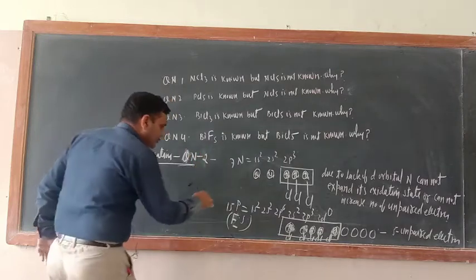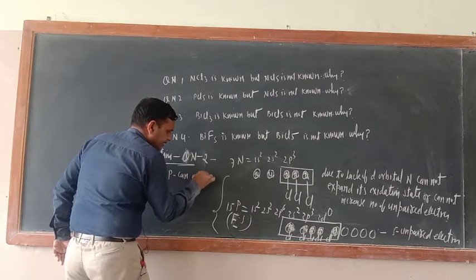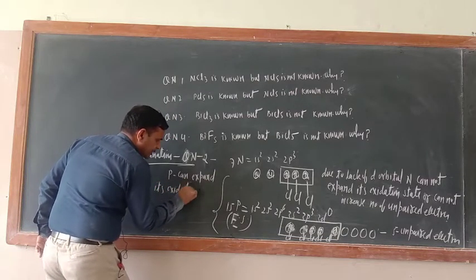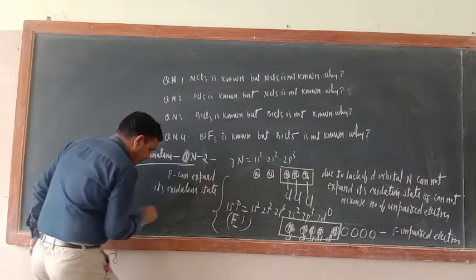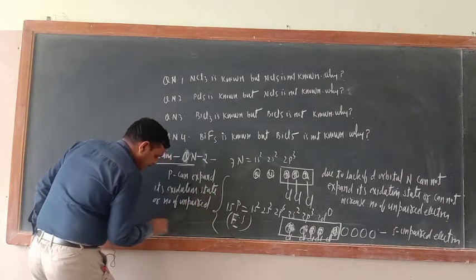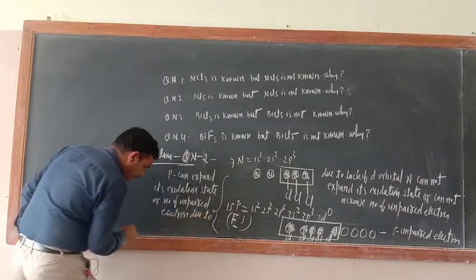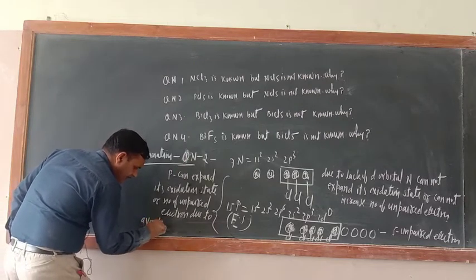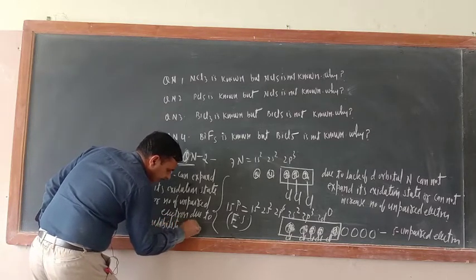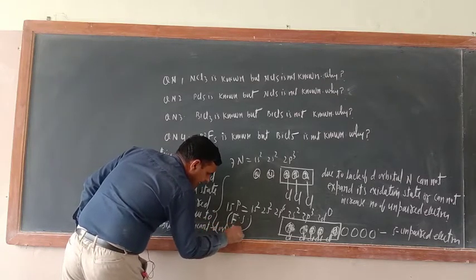So what explanation will you write? Phosphorus can expand its oxidation state or number of unpaired electrons due to availability of vacant d orbital.